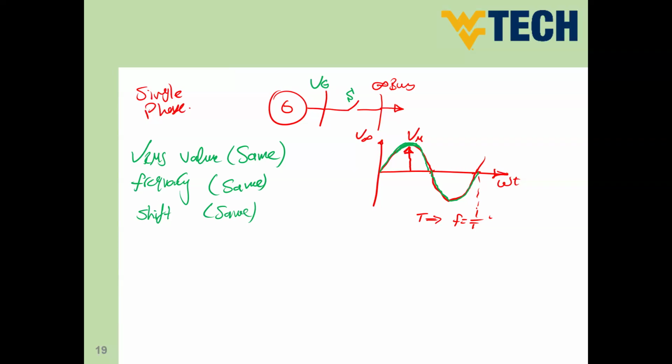You can have the same values, but for three phases, if you have a different phase sequence, this will not be achieved, even if you have it for one of the phases. So for a three-phase system, which is our system now, I'm going to add that we need a fourth condition, which is the same phase sequence.